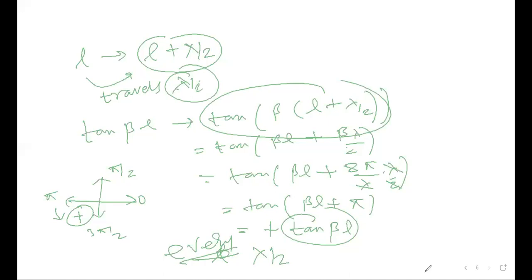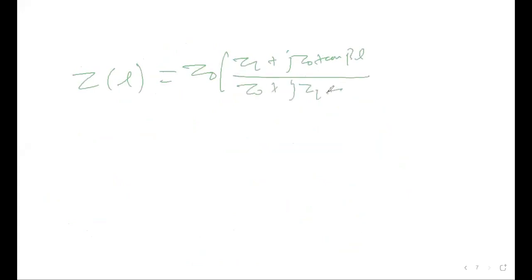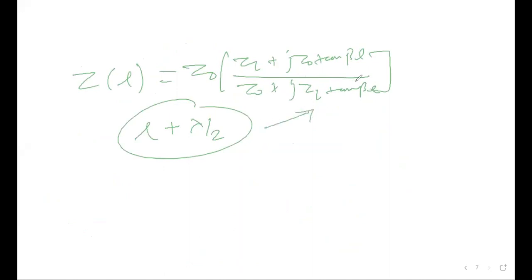So what is the conclusion we have got? Z of L is Z0 into ZL plus jZ0 tan beta L, into Z0 plus jZL tan beta L. If my length travel increases by lambda by 2, tan beta L remains same, so everything remains same.